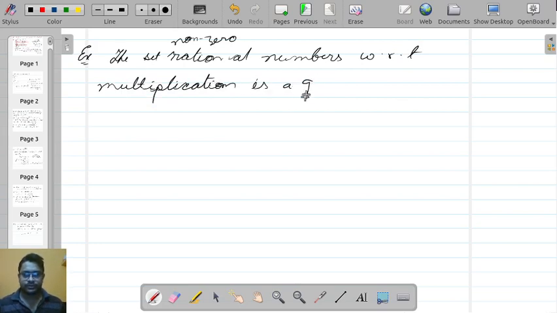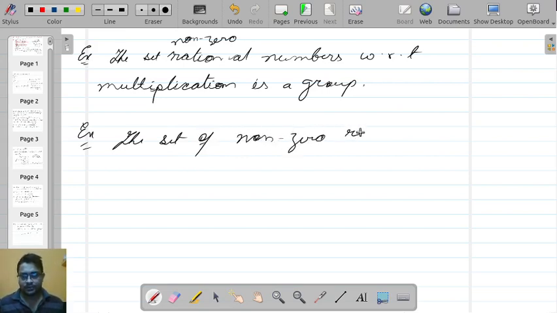Okay, it's a group. So you try to complete these things. The set of non-zero real numbers with respect to multiplication is a group.